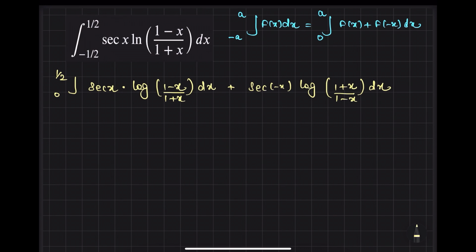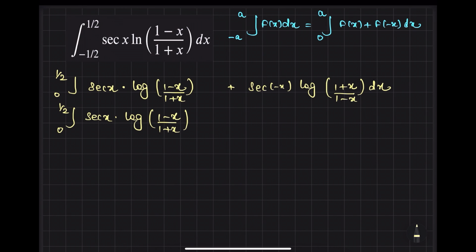Now just be super slow. So can I write this thing as integral from 0 to 1 by 2 of sec x log((1 minus x) upon (1 plus x))? Okay, no need to write dx over here.